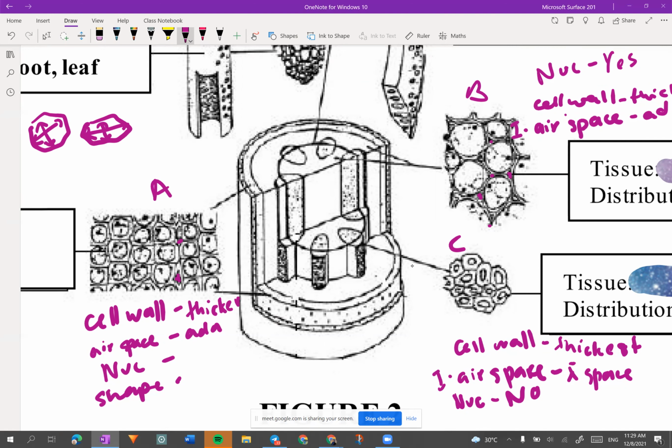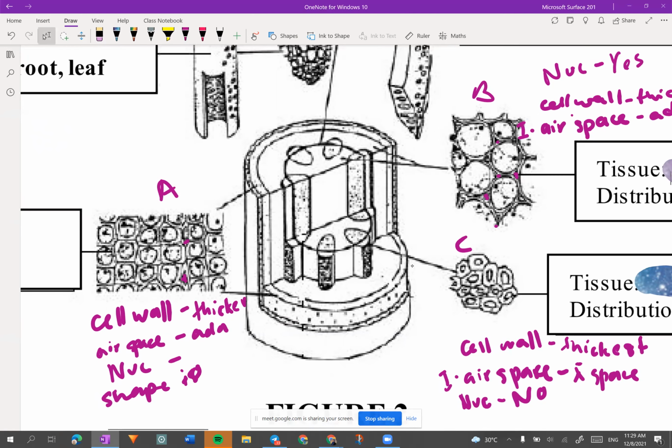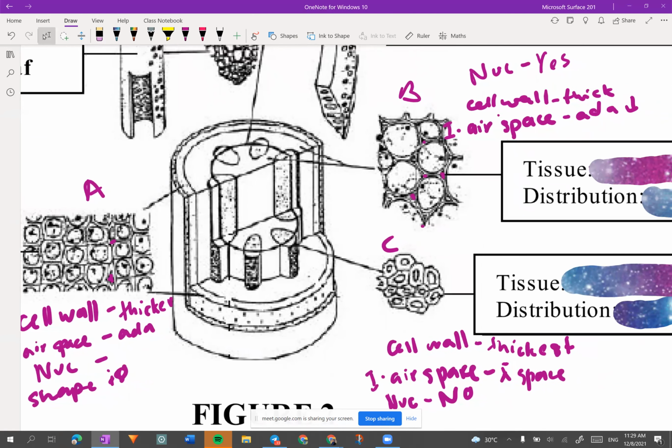Alright, so let's check. Agak-agaknya A ni polygonal ke isodiametric? Iso, right? Kalau yang B, isodiametric ke polygonal? Poly? Sure. Rasa macam lebih kurang sama je ni dengan ni.